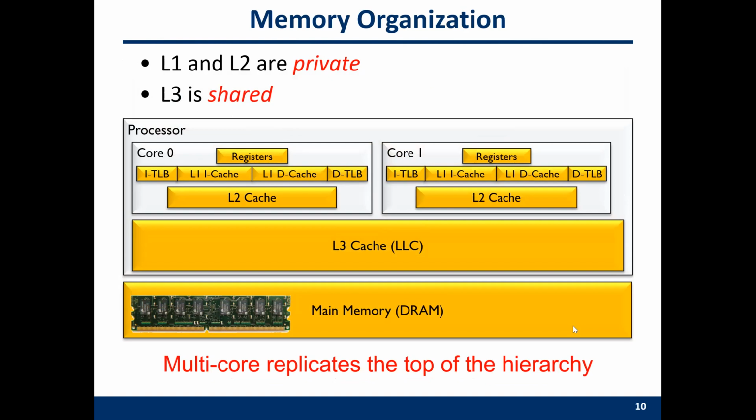So this is the case for the multi-core. Each core has its own L1 and L2, but they share the same L3 cache.